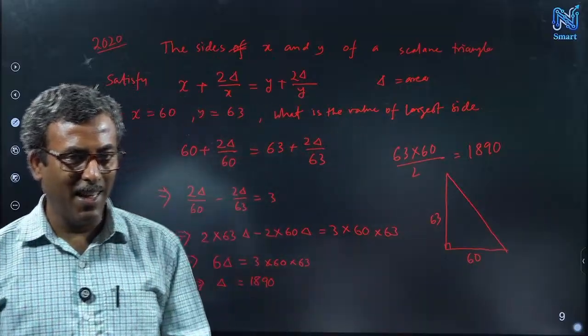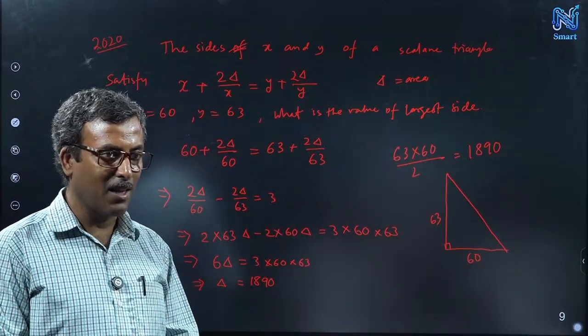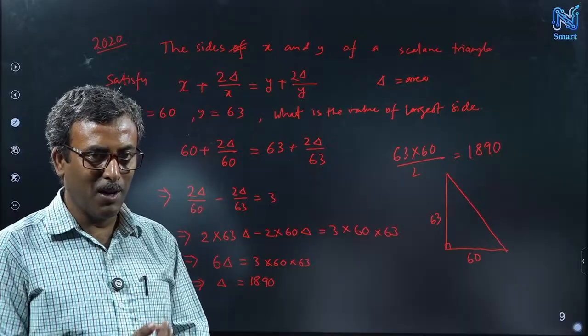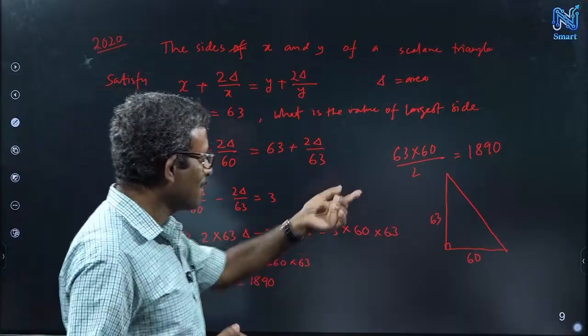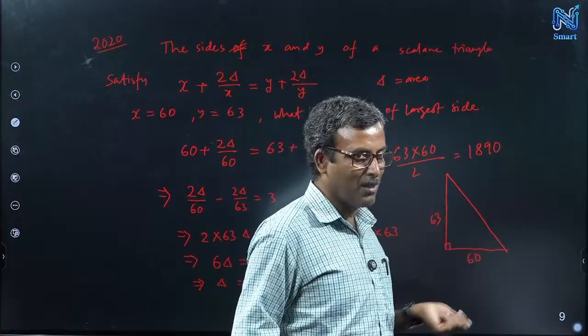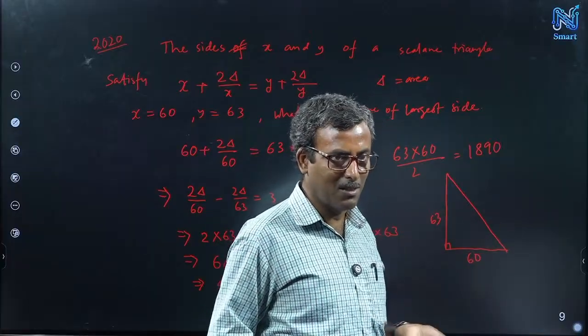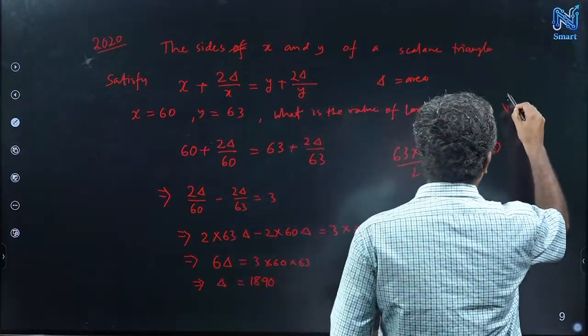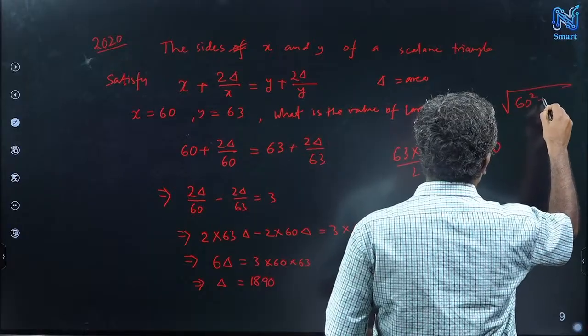If one side is x and another side is y and the area is x into y by 2, then it must be a right angle triangle. So the third side is just the root of 60 square plus 63 square, that is the largest side. So the value of the largest side you can just calculate.